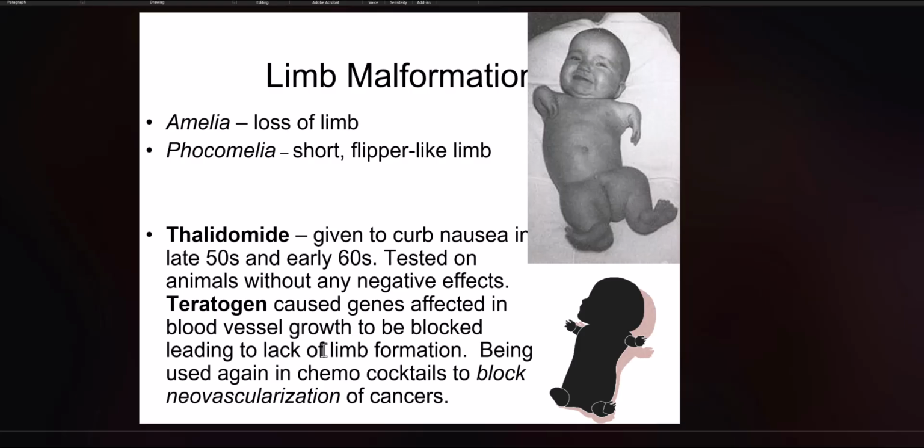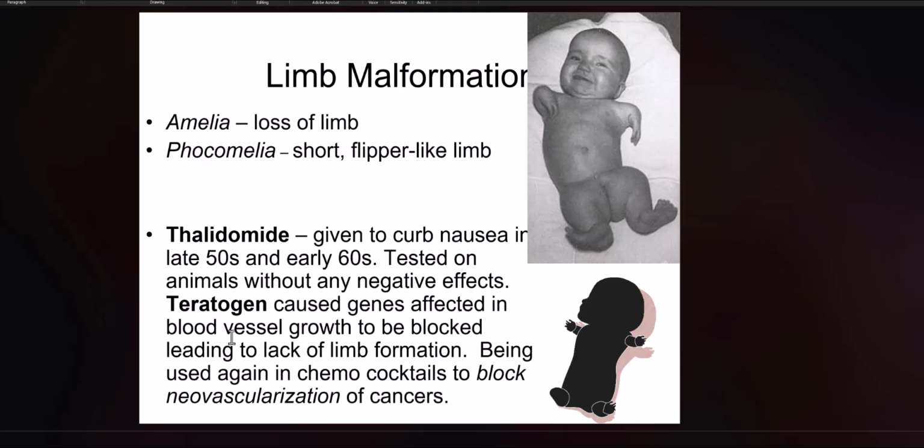They must increase their blood supply. Well, thalidomide can be added to a chemotherapy cocktail to minimize the formation of new blood vessels so that the tumor is not as successful in getting developed. So thalidomide is no longer used for pregnant women and nausea, but is still used in some chemo cocktails.